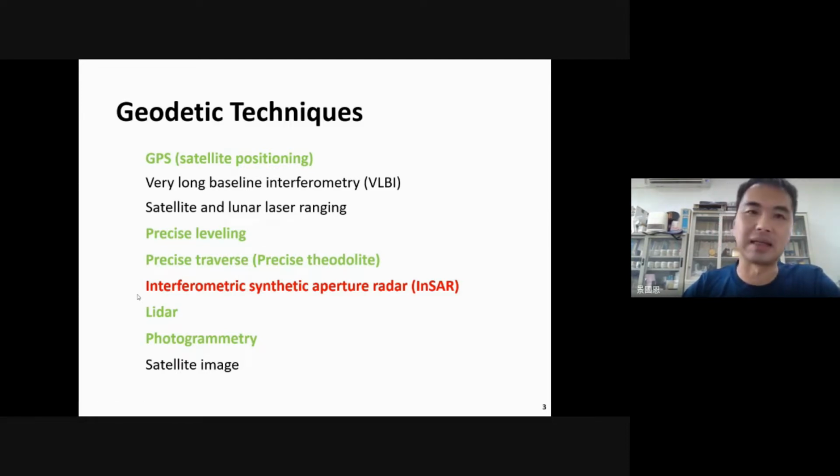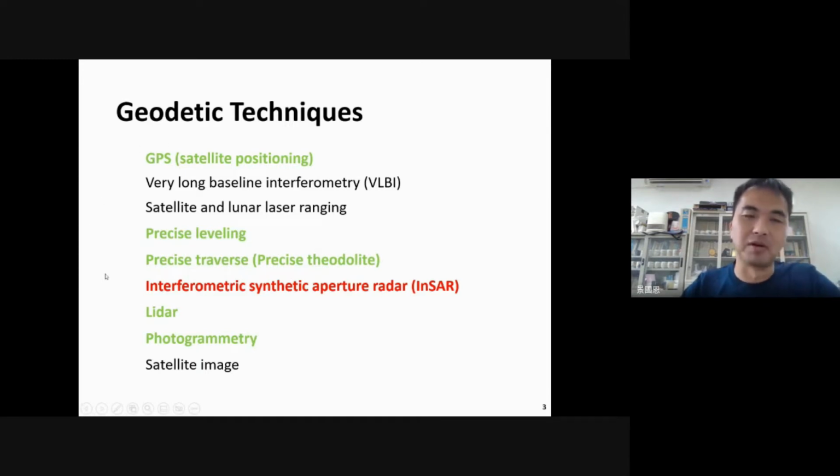Like three of my study areas, I mean international study areas. One is in the Philippines, second one is Indonesia, and the third one is the Himalaya in India. So most of the crustal deformation studies in those countries, they prefer to use GNSS data.